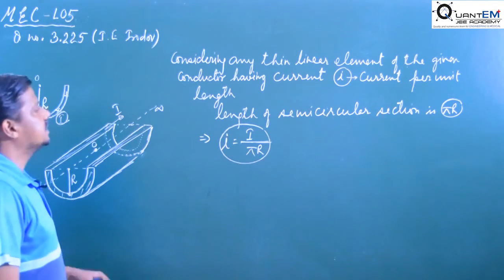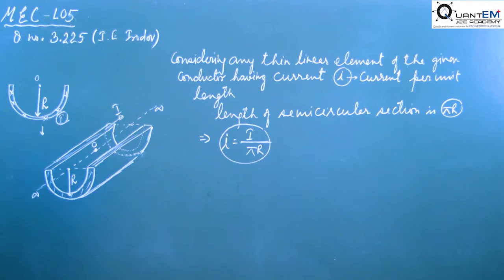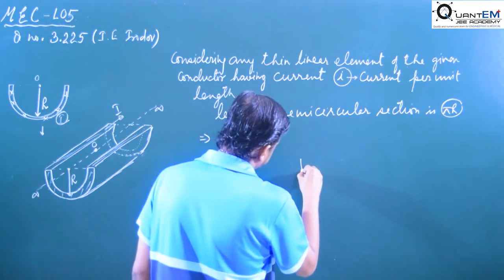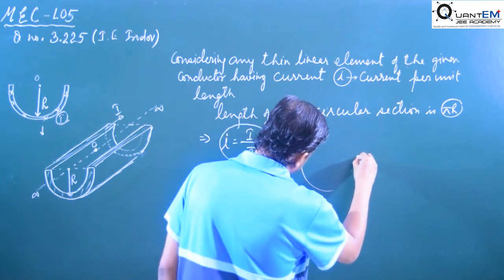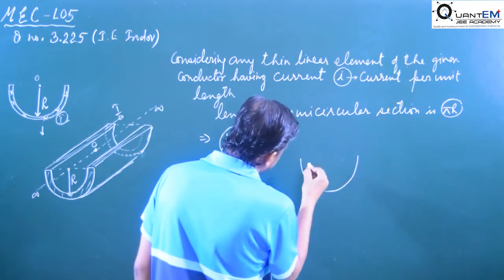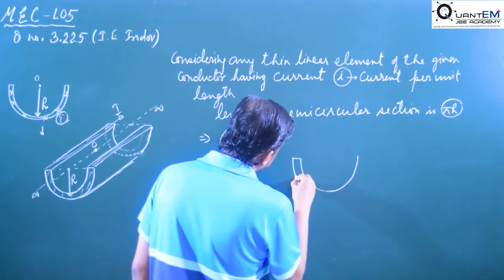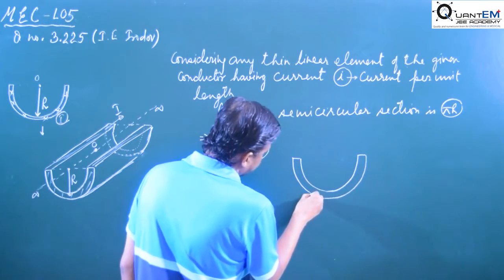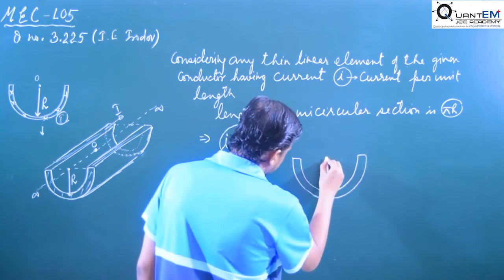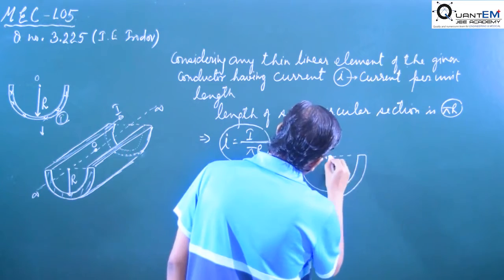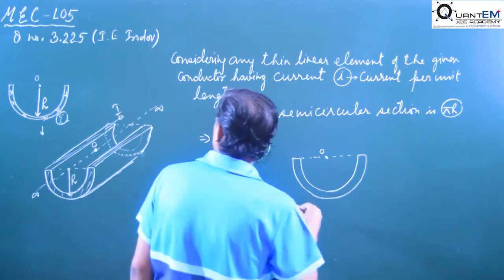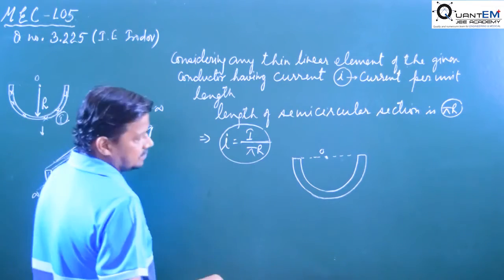Now we consider a small linear element of the conductor. At this point we have to get magnetic field intensity, and this is any point on the axis of this conductor.